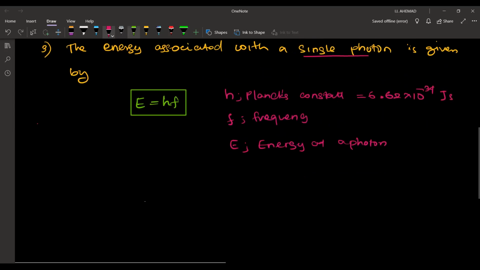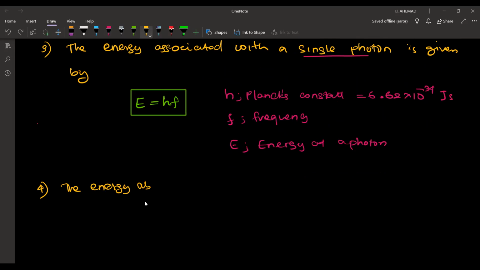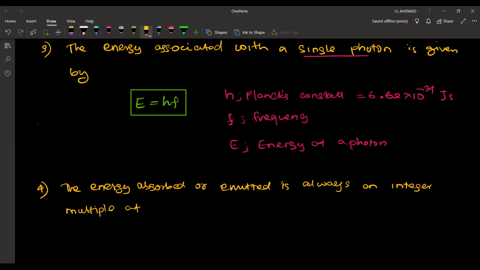Note number 4, the fourth one, the energy absorbed or emitted is always an integer multiple of hf.